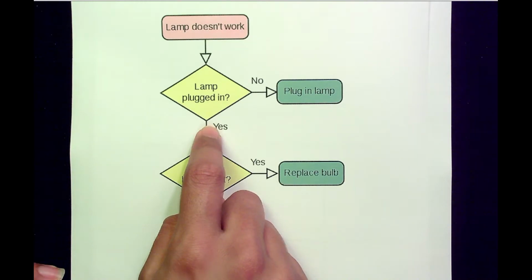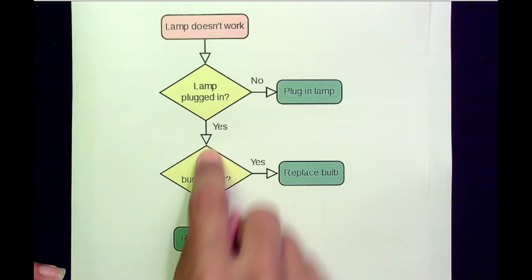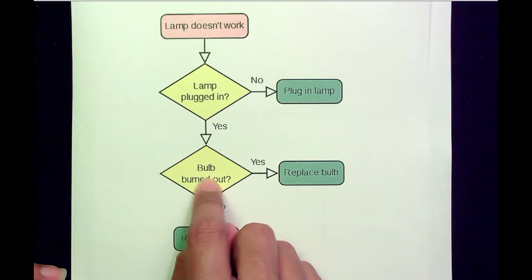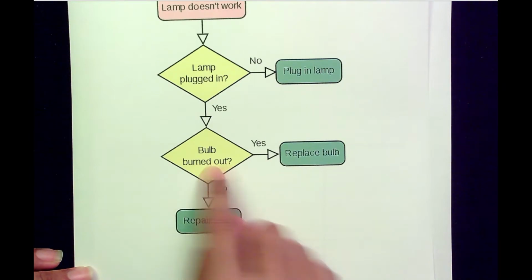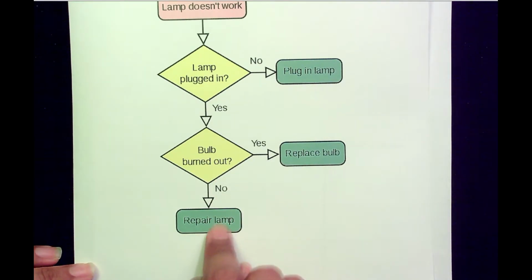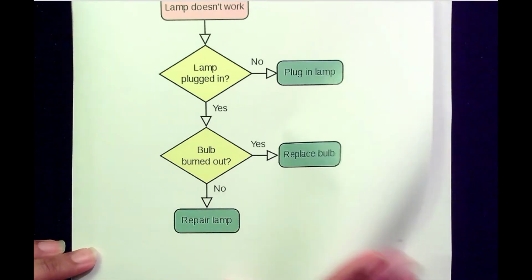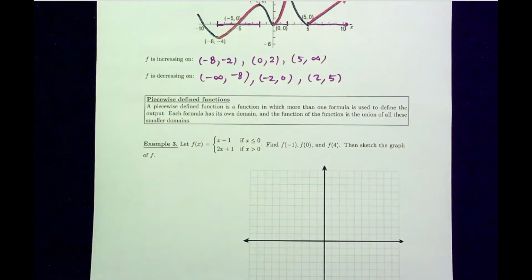If the answer is no, then you plug it in. If the answer is yes, then okay, is the bulb burned out? If the answer is yes, then replace the bulb. If the answer is no, then repair the lamp or just buy a new one. Okay, so that's how piecewise defined functions work.